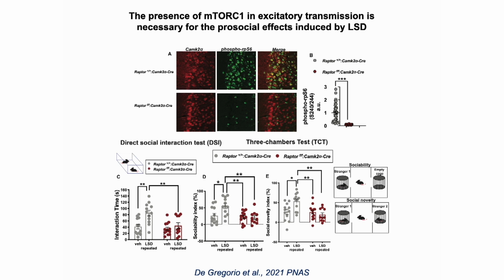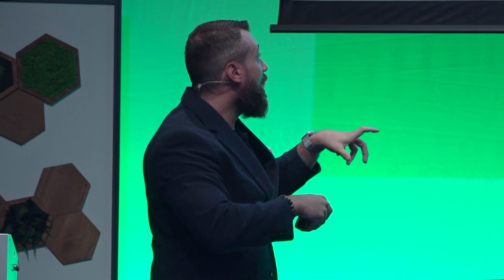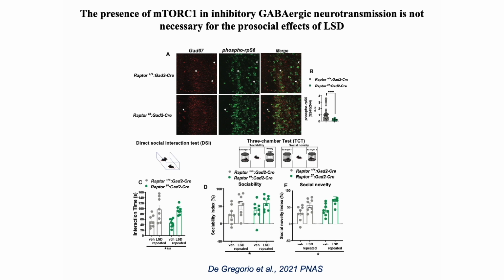But in those mice, there was no difference between vehicle and LSD, so it means that this structural component selectively in the glutamatergic neurons is strongly important. Then we did another experiment in another strain of genetic mutant mice that didn't present this protein in the GABAergic interneurons, but here LSD was working.